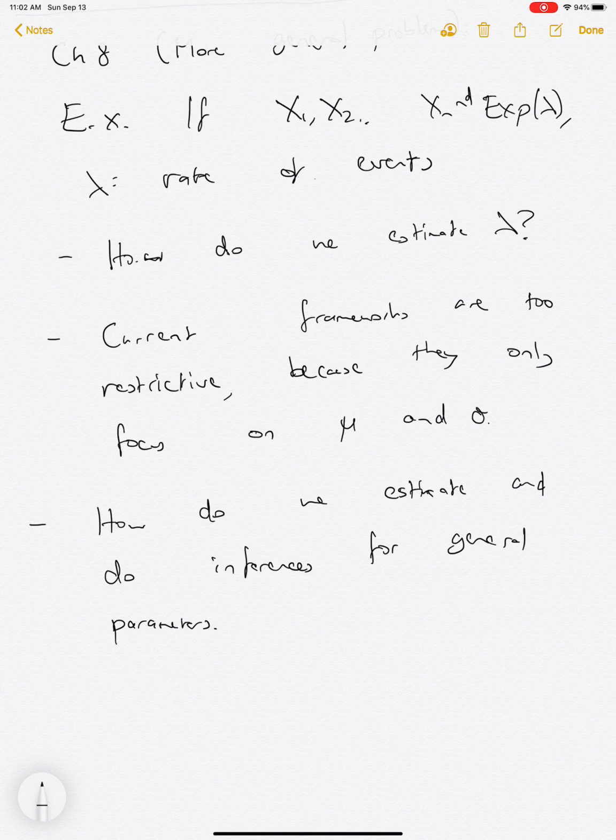We've seen lots of parameters like lambda for the exponential, p for the Bernoulli and for the geometric, and we've seen other parameters in lots of other distributions. And so what we're going to learn in chapter 8, over the next 2, 3, 4 lectures, is really going to give us this general framework.